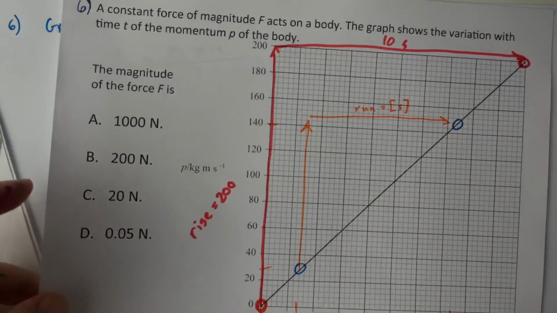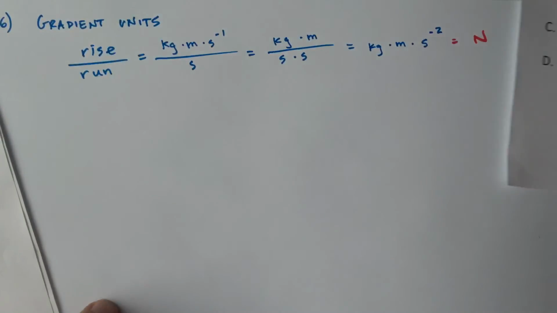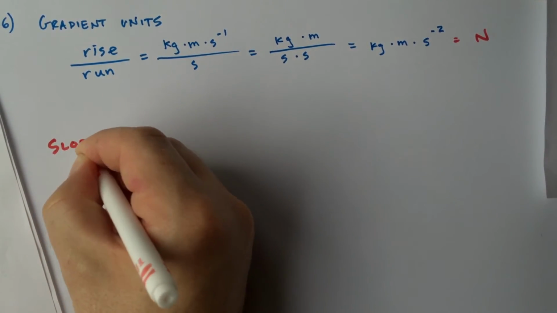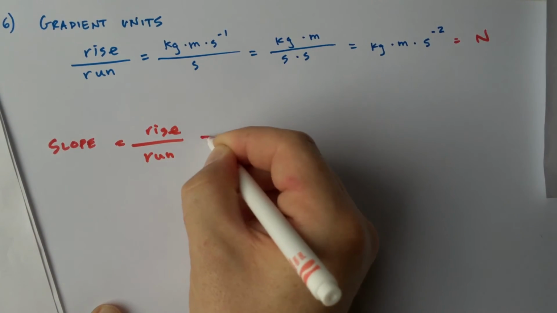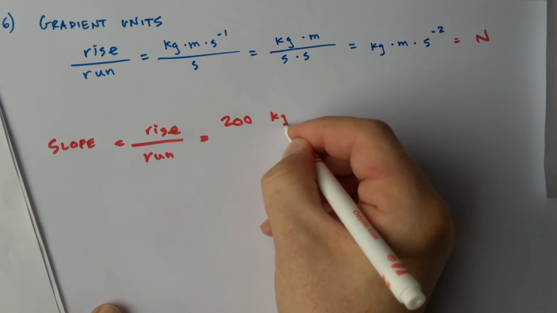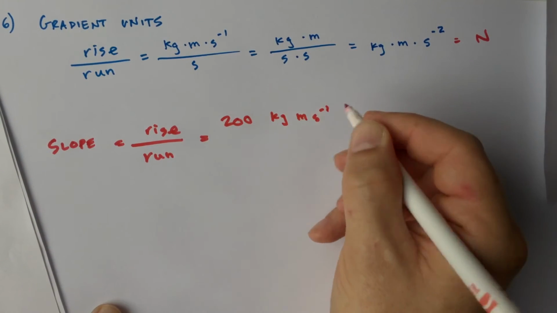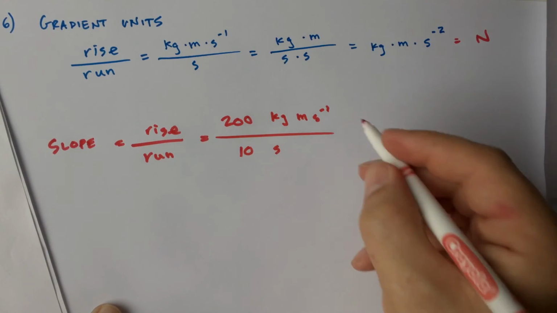And we can find the slope by taking 200 kilogram meter per second divided by 10 seconds, rise over run. So the slope equals rise over run equals 200 kilogram meters per second over 10 seconds for the easy points that I picked.